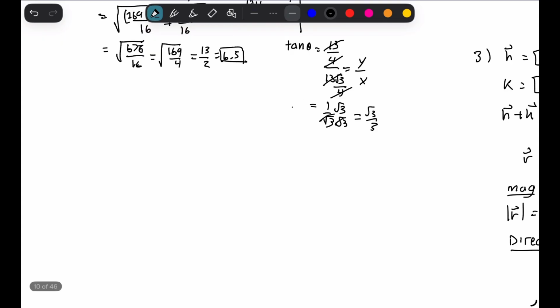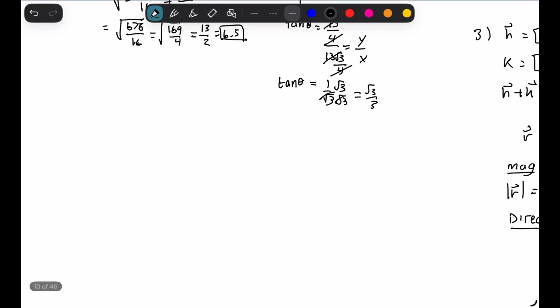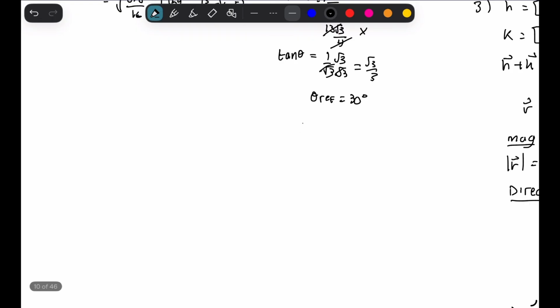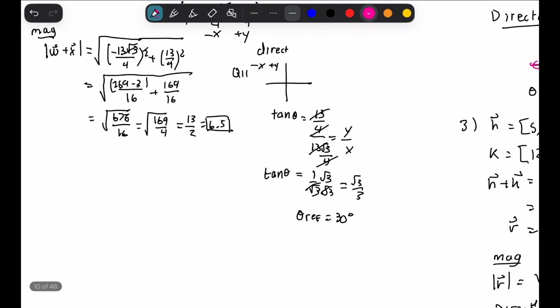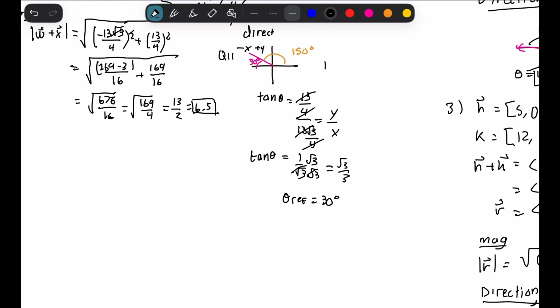So then we know that the theta reference, when we have tan theta, is 30 degrees. And if that's our reference angle, and we know we're in quadrant 2, that means that the standard position would be 150 degrees, because we would have 180 degrees minus 30 degrees equaling 150 degrees.